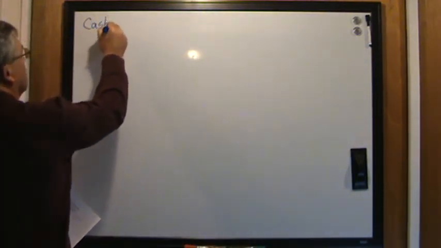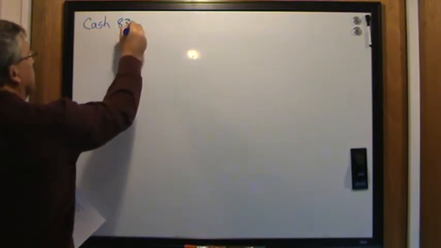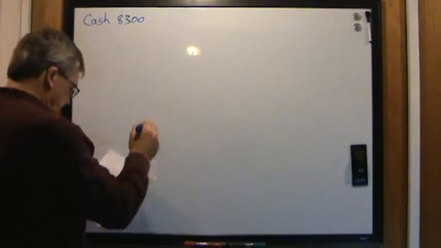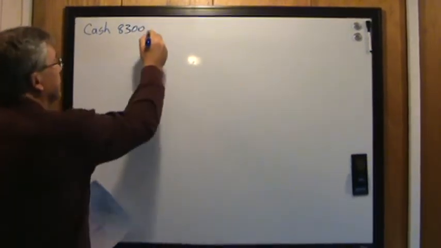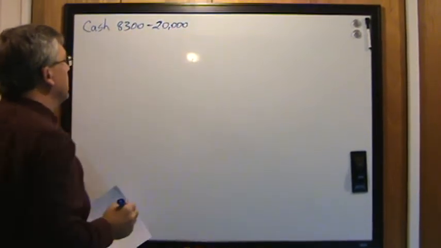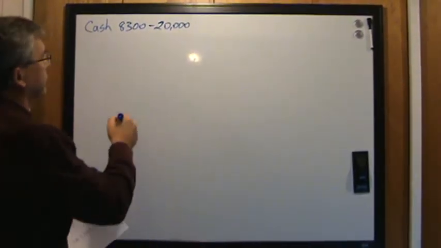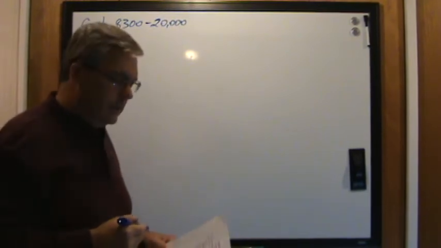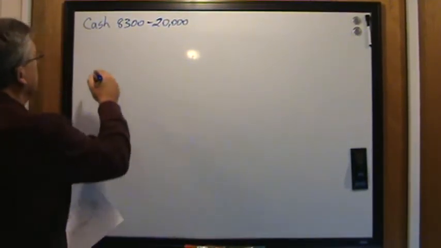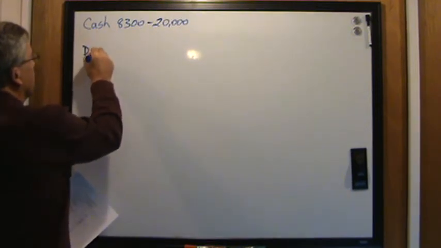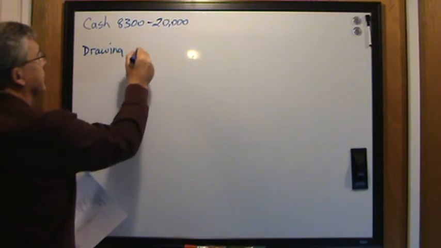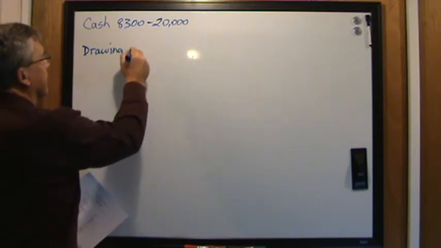The owner withdrew $20,000. That withdrawal is a reduction in cash, and it will also be a drawing, an owner's drawing, or withdrawals, as it's sometimes referred to.